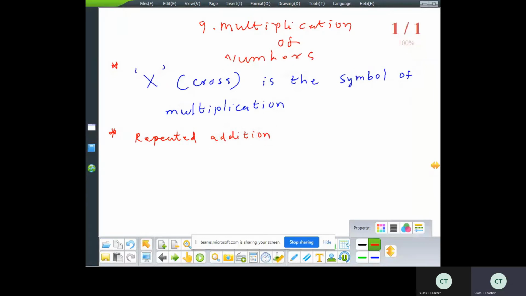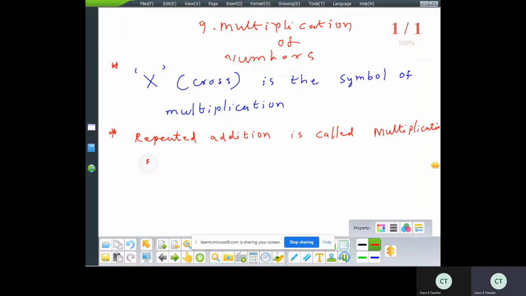Repeated addition is called multiplication. Repeated addition is called multiplication.